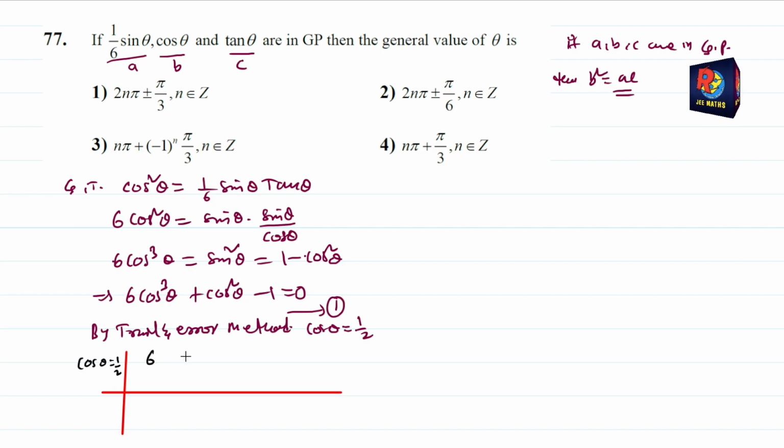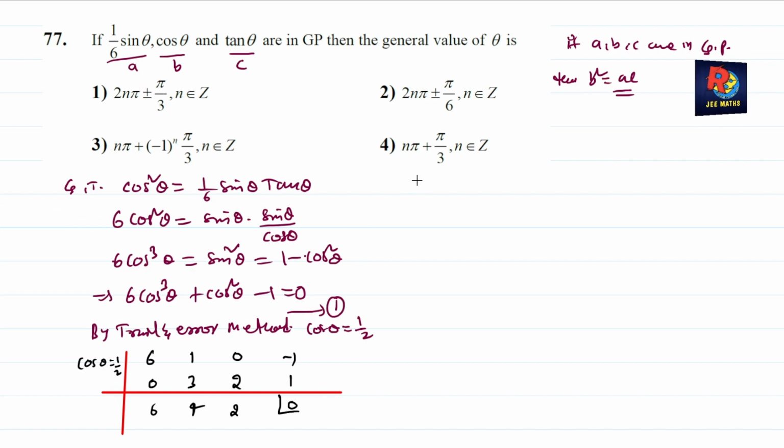Cube coefficient 6, square coefficient is 1, there is no cos theta term, therefore that coefficient is 0, and the constant is minus 1. Here 6 plus 0, 6. If you multiply 1 by 2 into 6, it will be 3, it will be 4, then 1 by 2 into 4, it will be 2, and I can add these two. So 1 by 2 into 2, it will be 1, so the remainder will be 0.